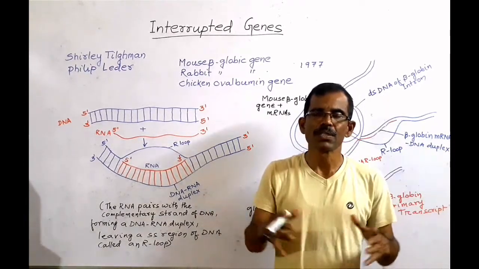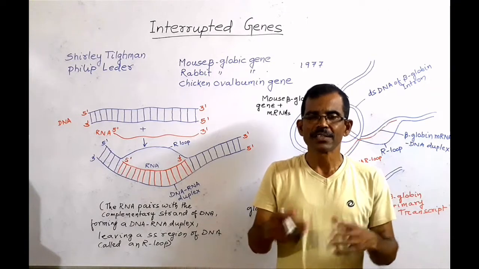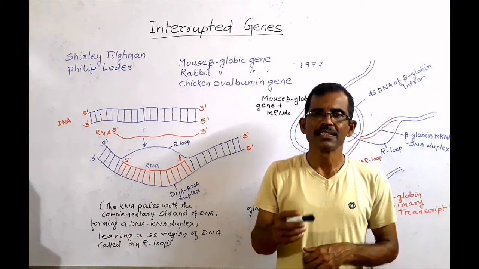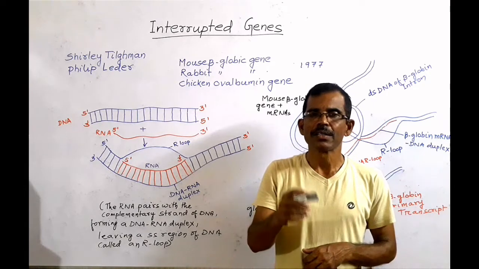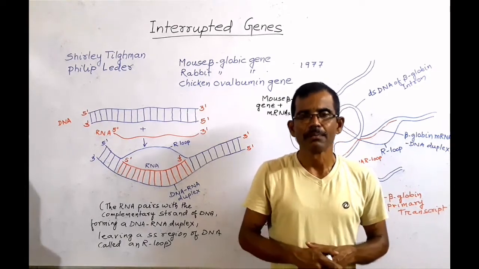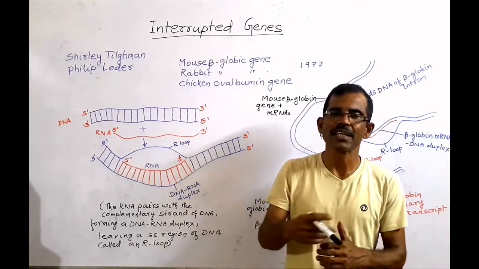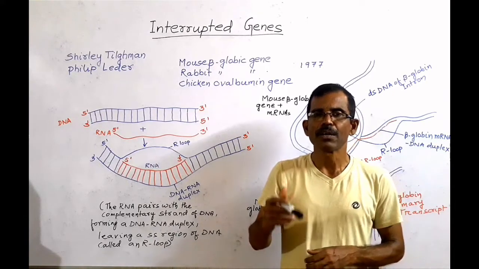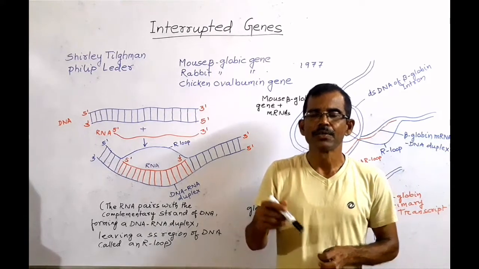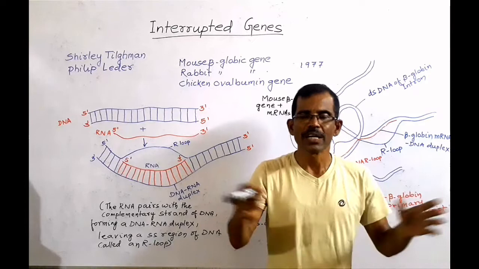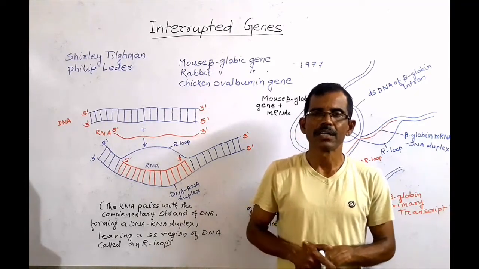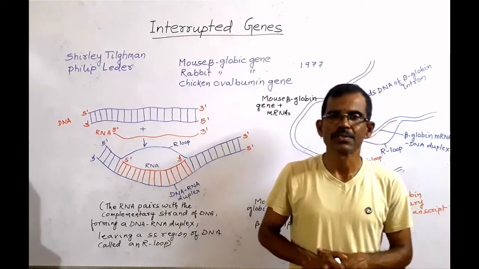On the basis of this comparison, they suggested that there is a single intron in the beta-globin gene. But subsequent research indicated that this gene contained two introns. So friends, this is about the discovery of introns.